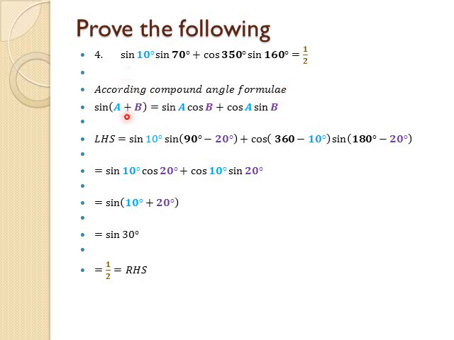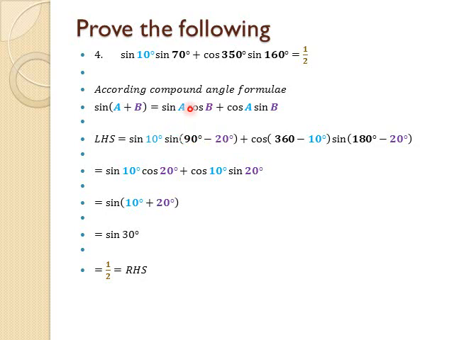So according to compound angle, sine A plus B is sine A cos B plus cos A sine B. So I'm now just working, could have changed this to cos cos and sine sine, but just working with sine cos, cos sine. So there, to change the sine to a cos, I'm always going to bring in 90 and say 90 minus 20 degrees.